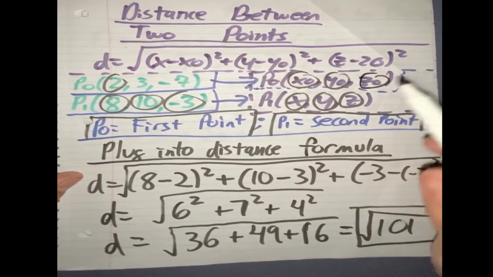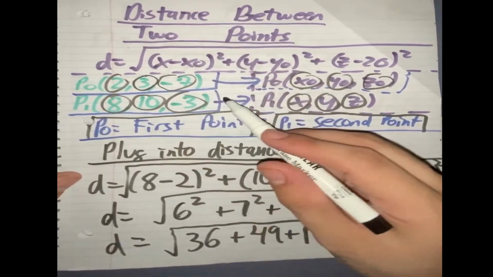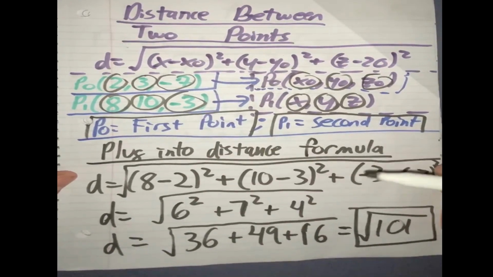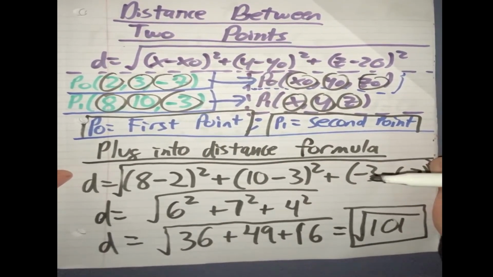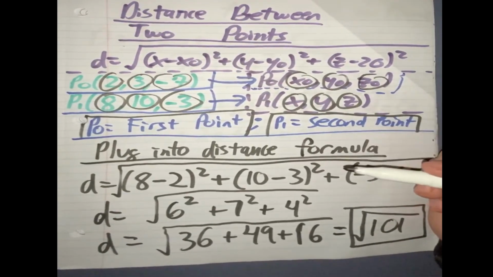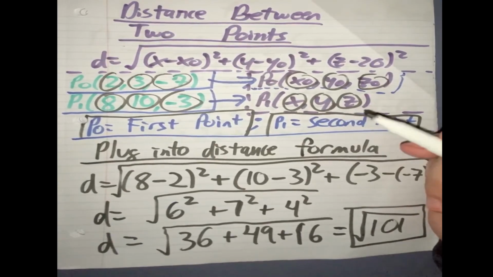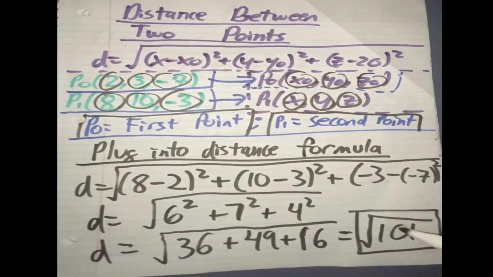So you know your z naught is negative 7. You know your y naught is equal to 3. So you want to line them up like that because it makes it a lot easier to just compute, plug and chug. Quite literally just plug and chug. Afterwards, you plug into the distance formula, x and x naught, and then you square them, and then you just apply arithmetic and you solve for distance.